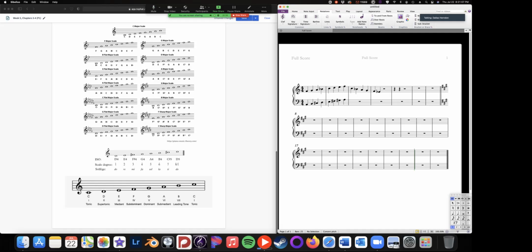But solfege can directly correlate to the scale degrees, and we have what we call a solfege syllable for each scale degree in the scale. So scale degree 1 is known as Do, scale degree 2 is known as re, scale degree 3 is known as mi, scale degree 4 is known as fa, scale degree 5 is known as so, scale degree 6, la, scale degree 7, ti. And then when we get back to scale degree 1 or 8, we just start with do again. Okay.